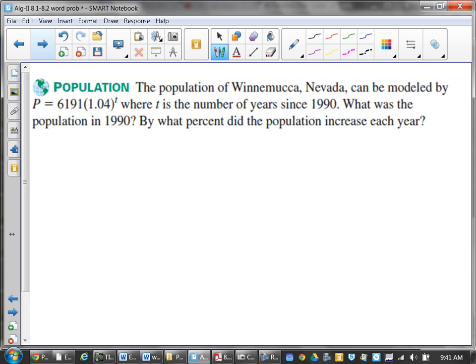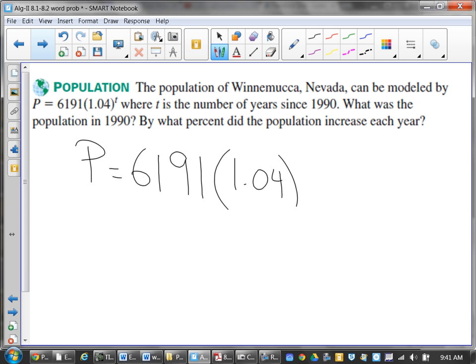The population of some place in Nevada is given by this model. P equals 6191 times 1.04 to the T, where T is the number of years since 1990. So 1990 is your first year, year 0, if you will.